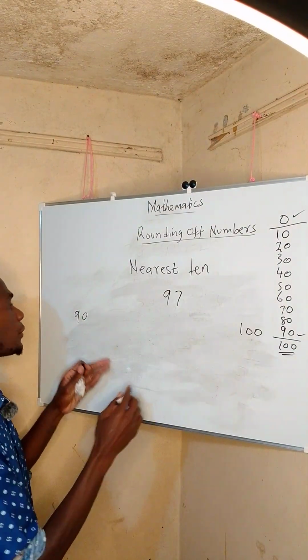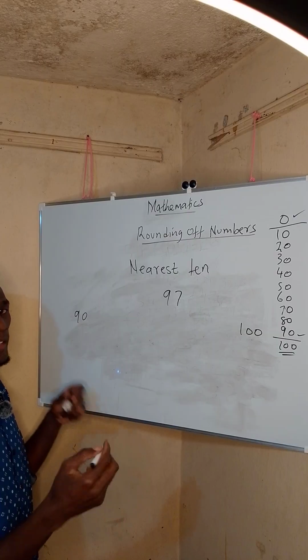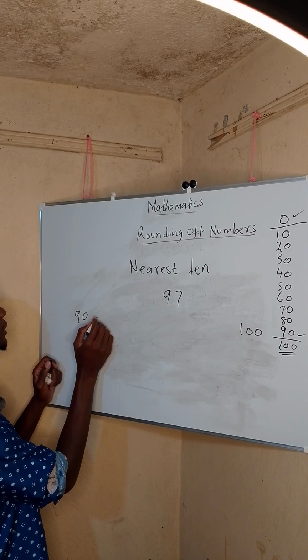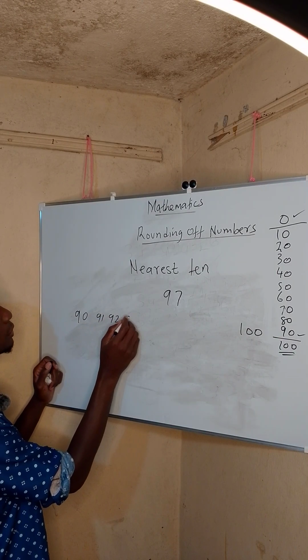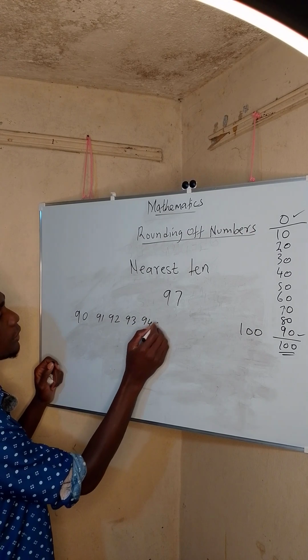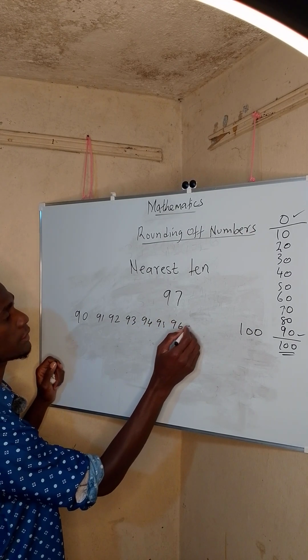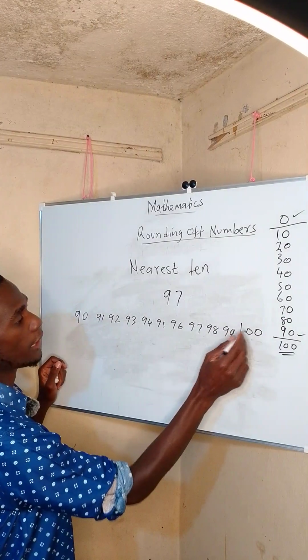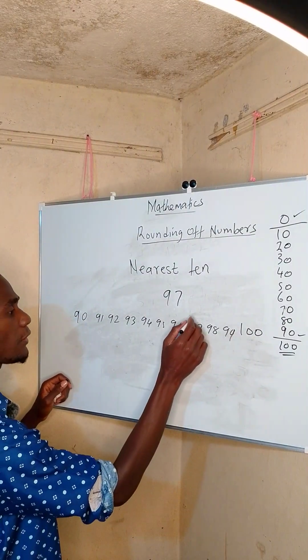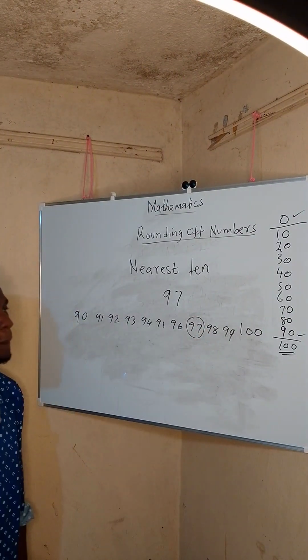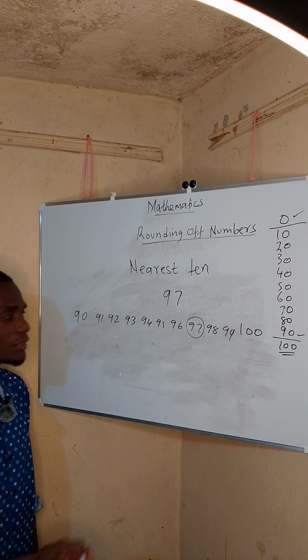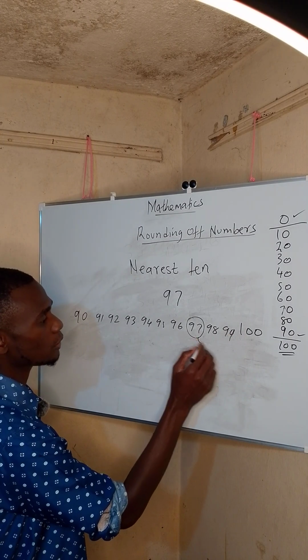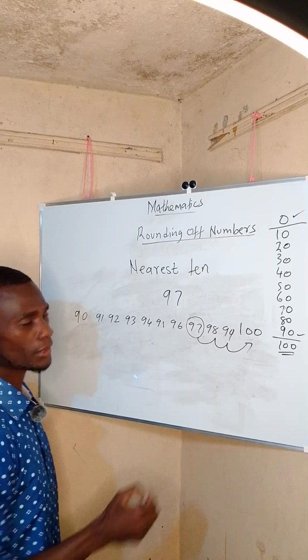So let us count from 90 to 100 to see where this 97 falls. 91, 92, 93, 94, 95, 96, 97, 98, 99, and 100. 97 falls here. Counting the number of steps from 97 to 100 is 1, 2, 3, only 3 steps.